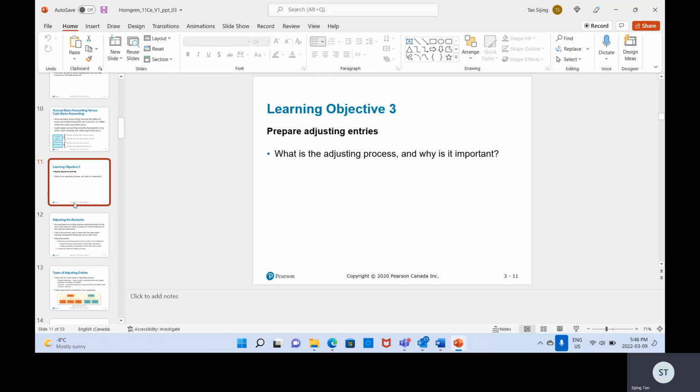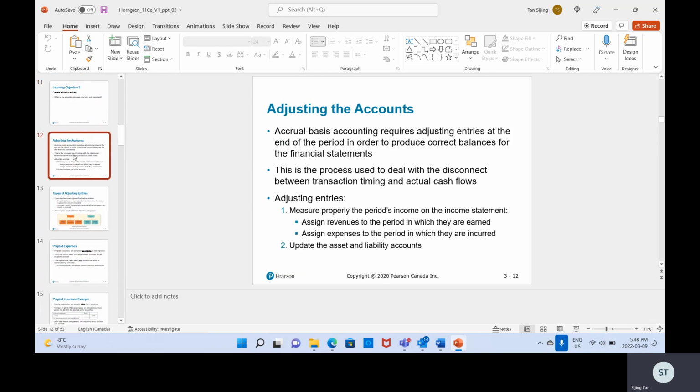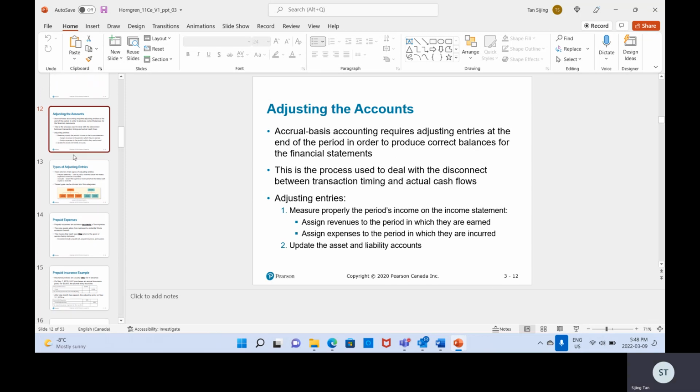Now, preparing adjusting entries. Now we have to learn a few accounts. Adjusting entries assign revenue to the period in which it's earned and expenses to the period in which they're incurred.